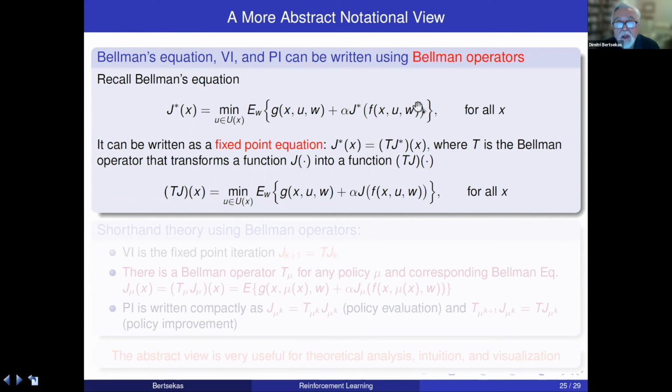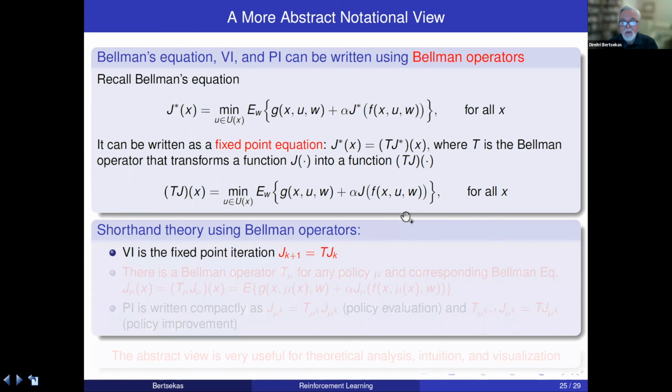And the Bellman equation says that J star is a fixed point of that operator. So this is also a shorthand way to write Bellman's equation, which is rather long. You write it as J star equals T J star. And there's a shorthand theory that goes with everything that is of interest in dynamic programming that uses these Bellman operators.